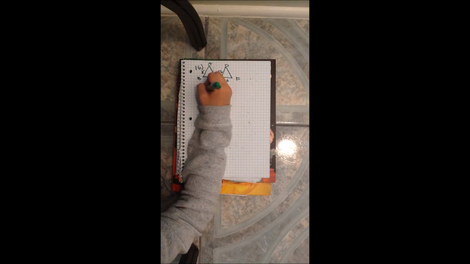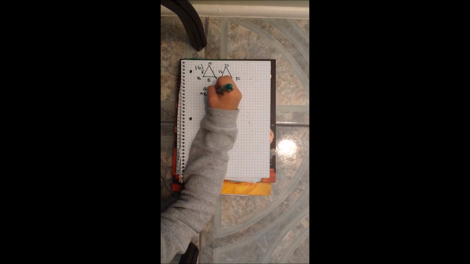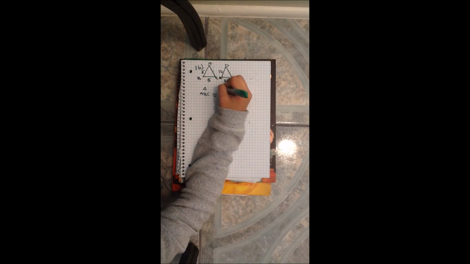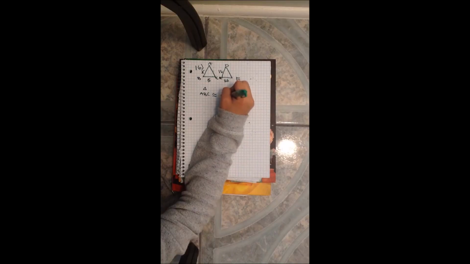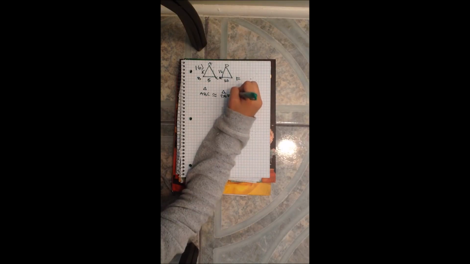Now triangle ABC is similar to triangle DEF. Now to find X.